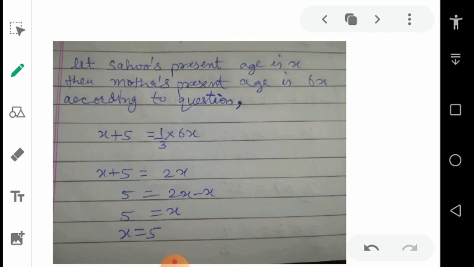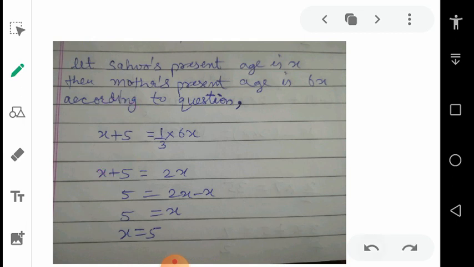Let Sahu's present age be x, the mother's present age is 6x. According to the question, after 5 years Sahu's age will be one third of the mother's age, meaning whatever the mother's age is at present. So we will not calculate the mother's age after 5 years, only Sahu's age after 5 years.